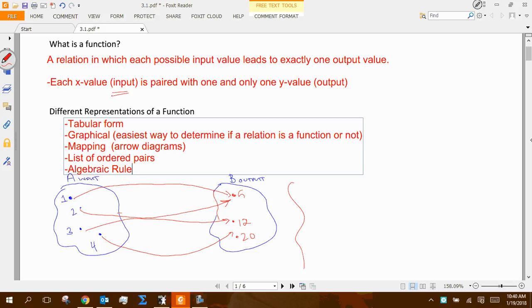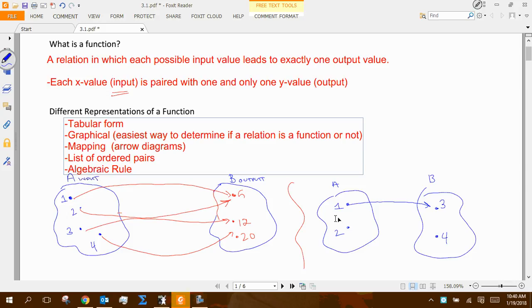But what you can't have is maybe something like this. Let's say I've got my inputs here of A, my outputs of B. Let's say A is 1 and 2. And let's say that we've got objects 3 and 4 over here. You can't have 1 going to 3 and then 1 also going to 4.